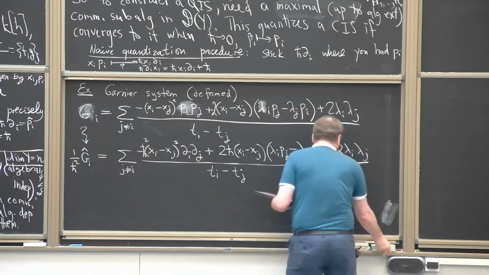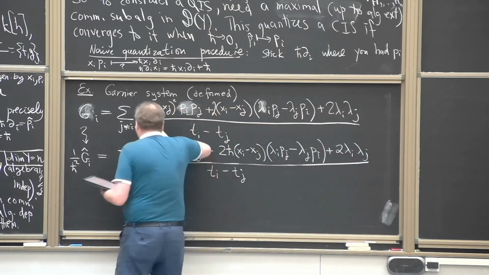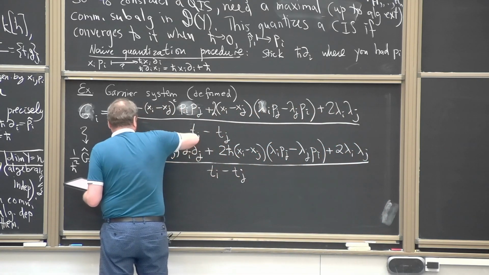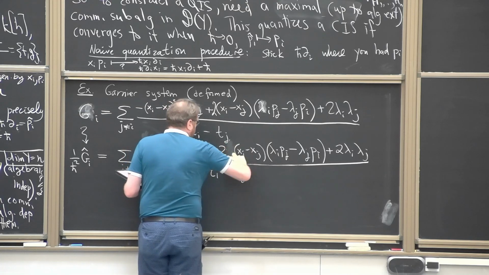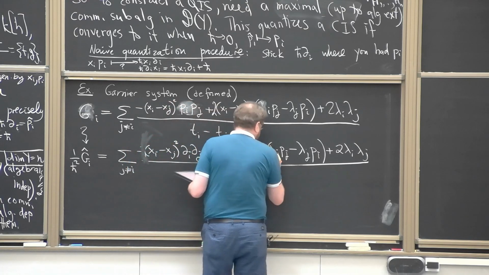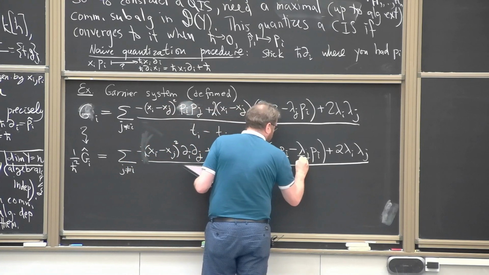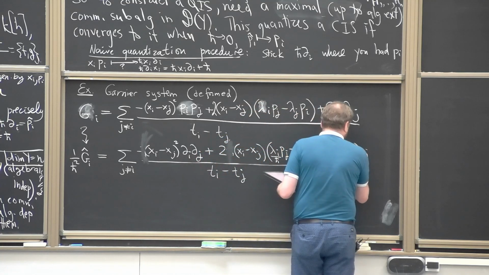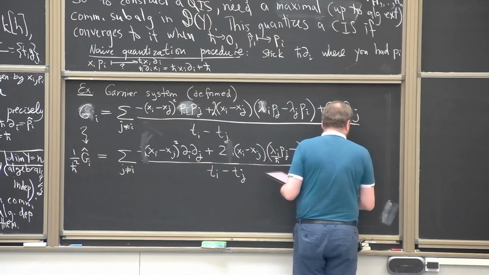Then this h squared is going to go away, this h is going to go away and will be in the denominator here. And finally, here, it will be like this.